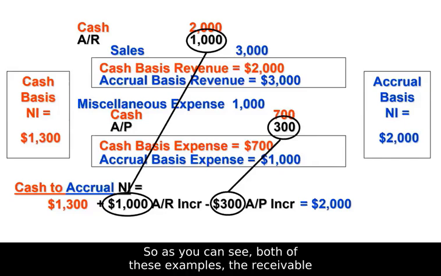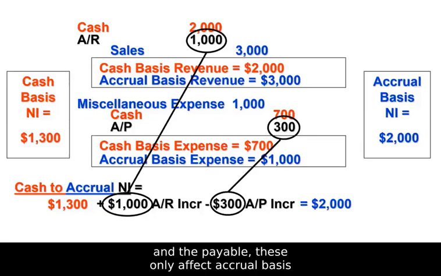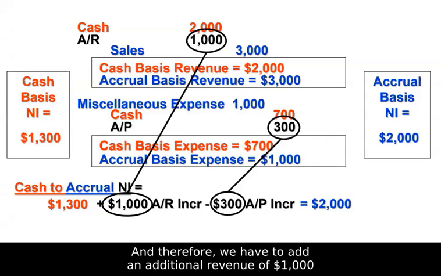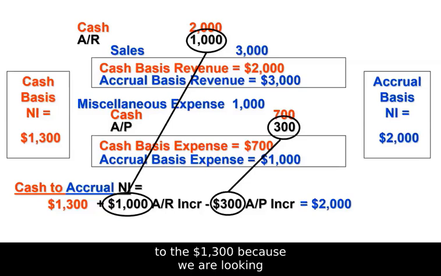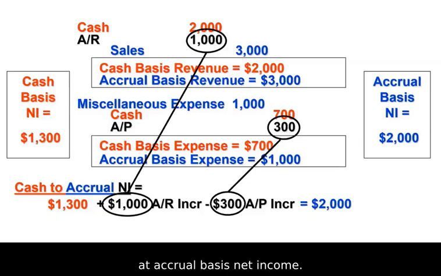So as you can see, both of these examples, the receivable and the payable, only affect accrual basis and not cash basis. And therefore, we have to add an additional revenue of $1,000 to the $1,300 because we are looking at accrual basis net income.